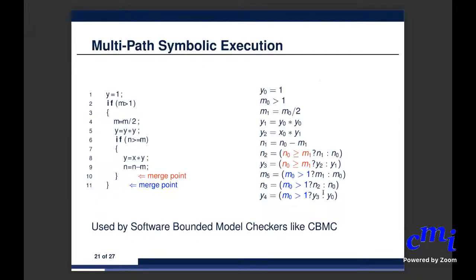In CBMC definitely, and a lot of the verification tools for sequential programs, use this SSA notation to arrest the combinatorial explosion that you get in the conditional paths. Okay. So is this clear, or do you have any questions here? Are you convinced how you could derive this? Yes, sir. Okay.